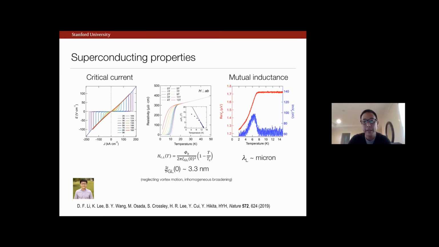And there's still a lot to be thought about in terms of how to properly analyze this problem. But let me say in broad strokes that independent of the details, the London penetration depth will be of order microns, so quite long. And this is, of course, the work of Denver Lee, who I should just say just started his faculty position at the City University of Hong Kong last week, I think.